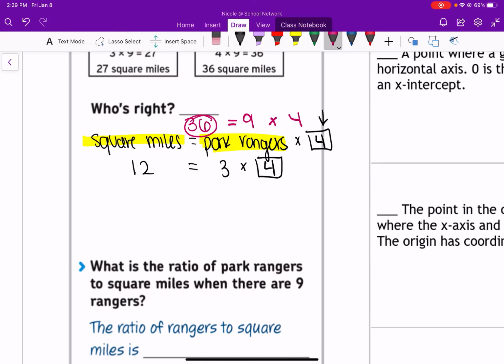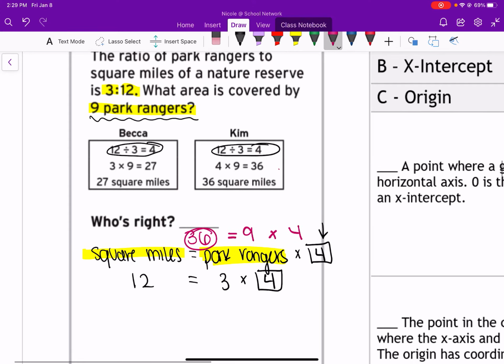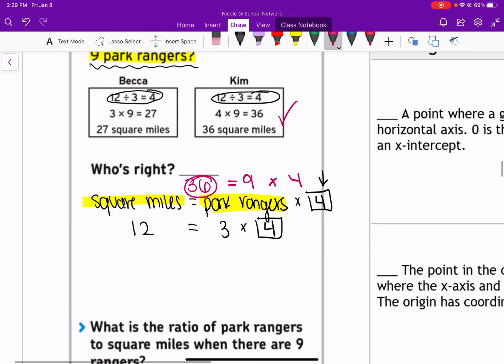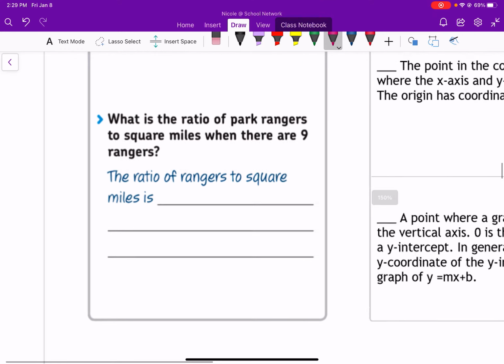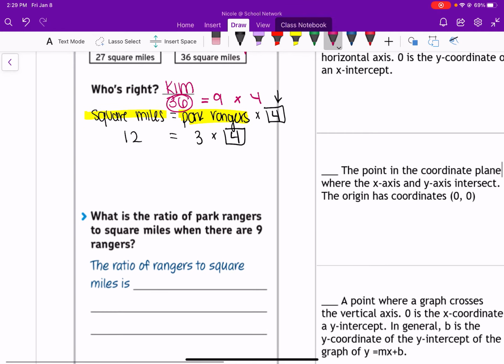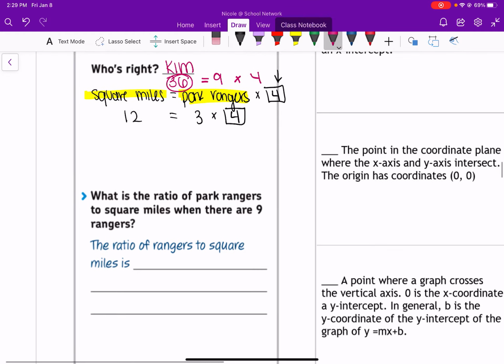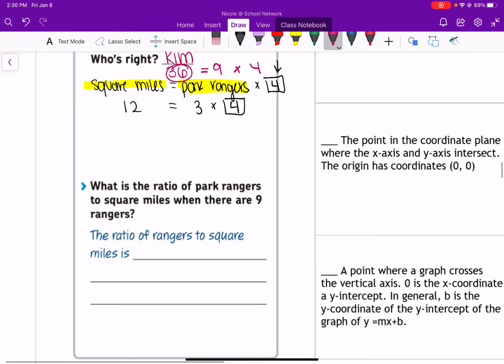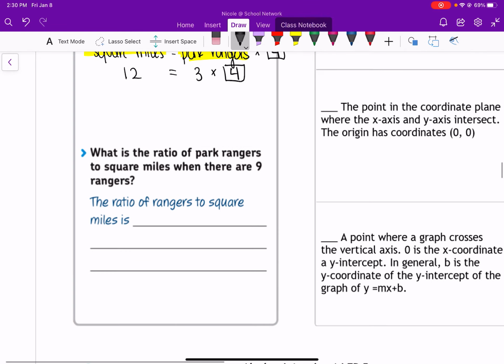So there should be 36 square miles, and Kim did the correct work. So here, this is Kim. So here, the ratio of rangers to square miles when there's 9 rangers is 9 to 36 square miles.